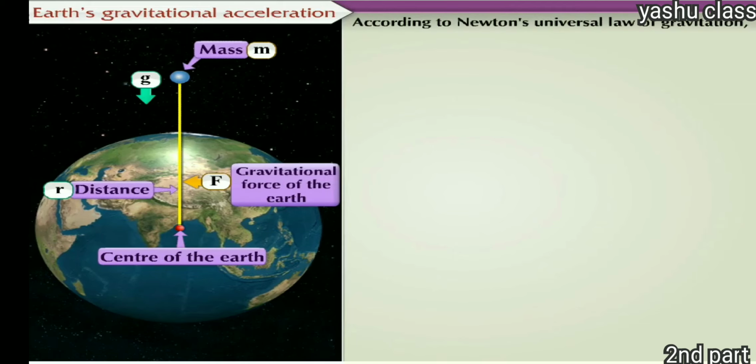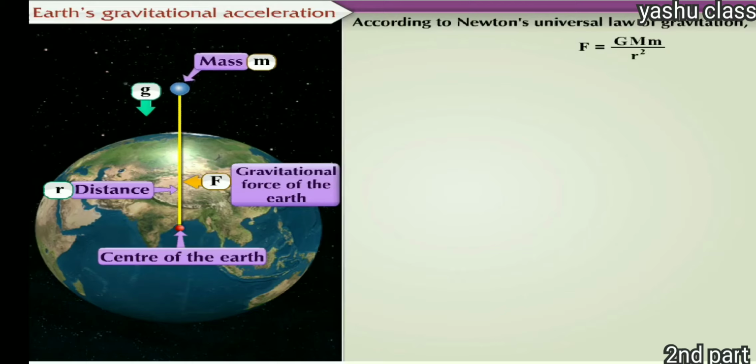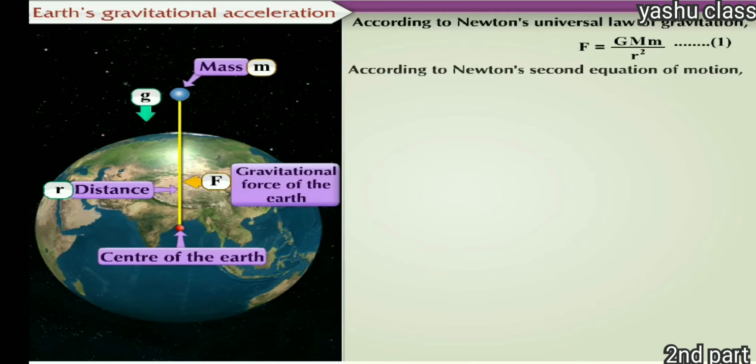According to Newton's universal law of gravitation, the gravitational force acting on the object F is equal to universal gravitational constant capital G into mass of the earth, capital M, into mass of the object, small m, upon distance small r square. This is equation 1. Now, according to Newton's second law of motion, the gravitational force on the object F is equal to mass of the object small m into acceleration of the object small g.